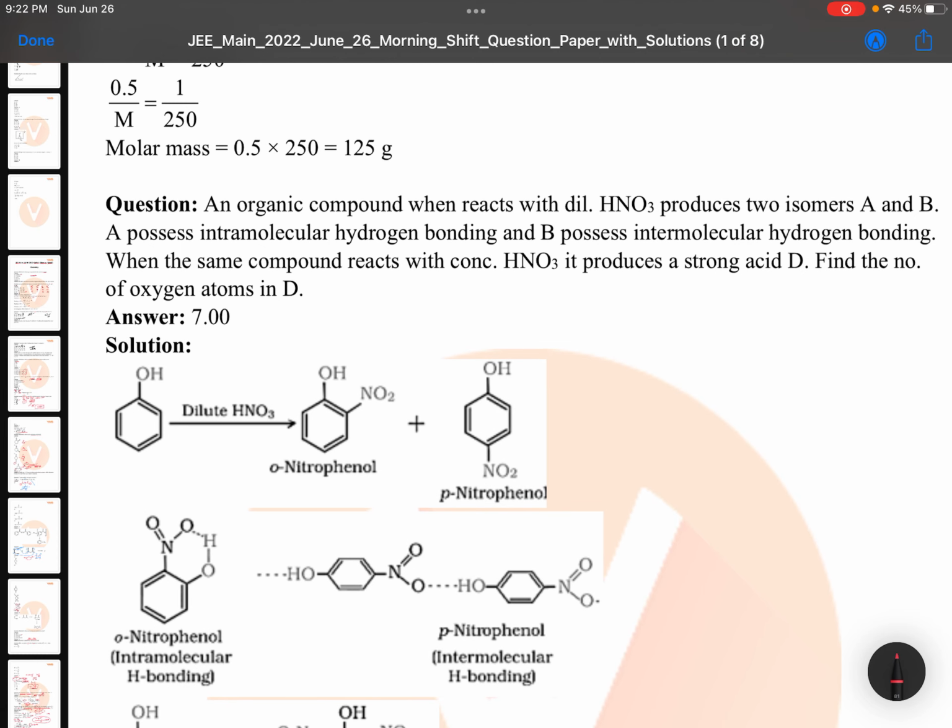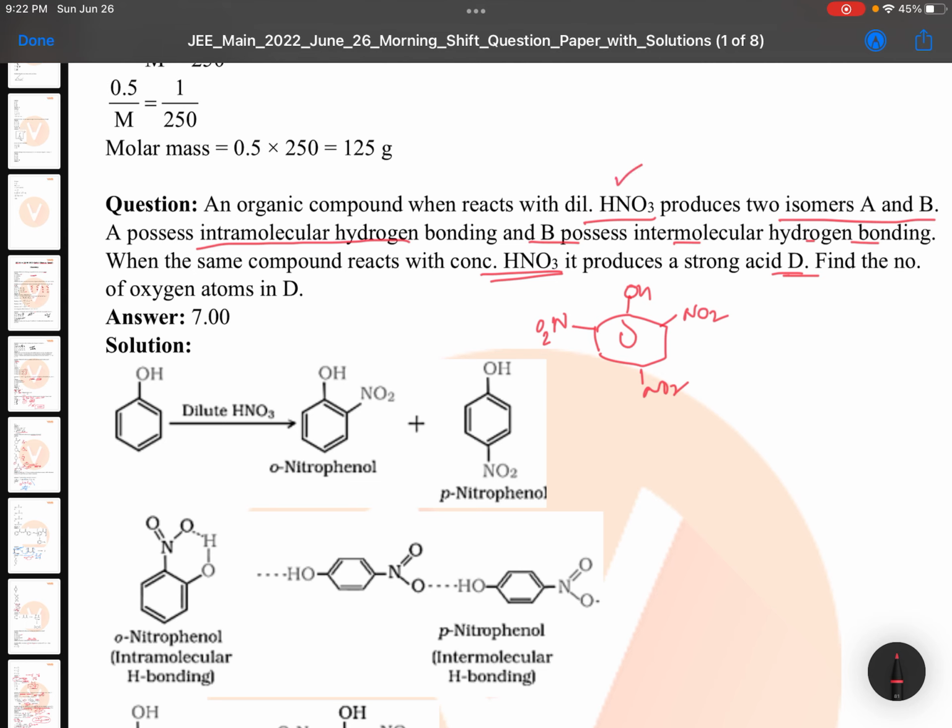An organic compound when reacted with dilute HNO3 produces two isomers A and B. Okay, A has intramolecular hydrogen bonding, B possesses intermolecular hydrogen bonding. The same compound reacts with concentrated HNO3 and produces strong acid D. Okay, so the strong acid is OH with NO2, NO2, NO2, and he is asking how many oxygens are there in this. As we strictly confine to NCERT, this question is taken from NCERT.